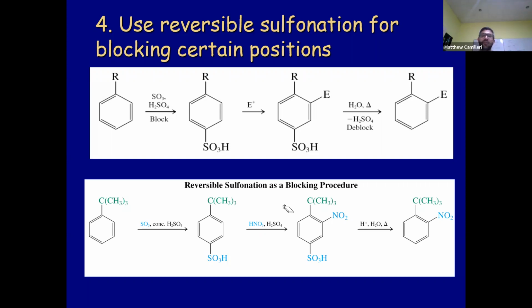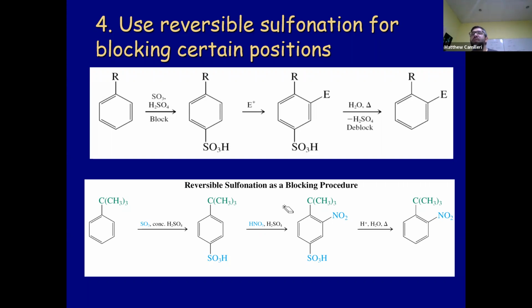And as I told you last week, sulfonation is reversible, which means that you can first add the sulfonate. The sulfonate is a huge group, and as a huge group, it will go on the para position compared to your substituent.